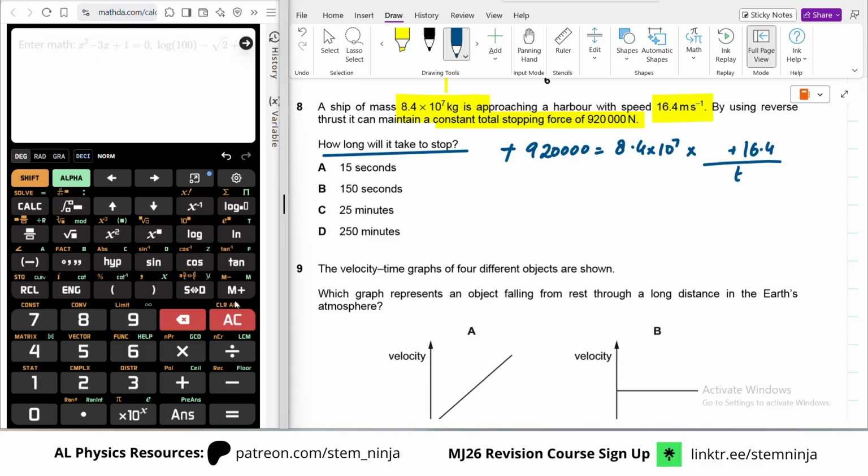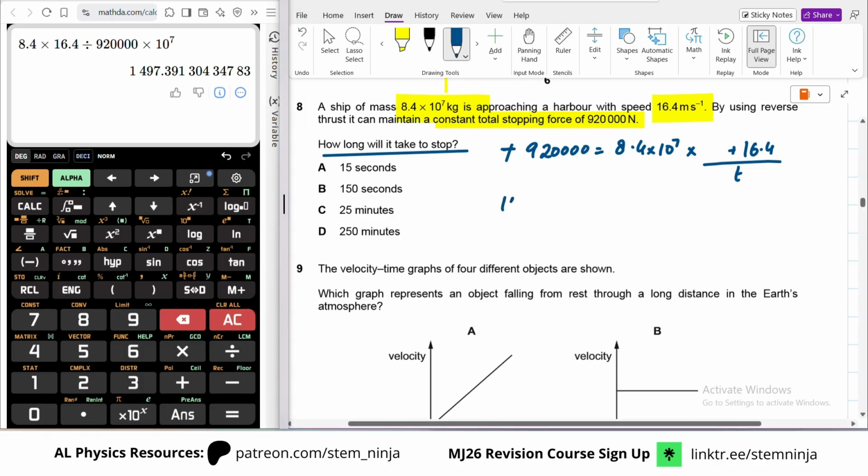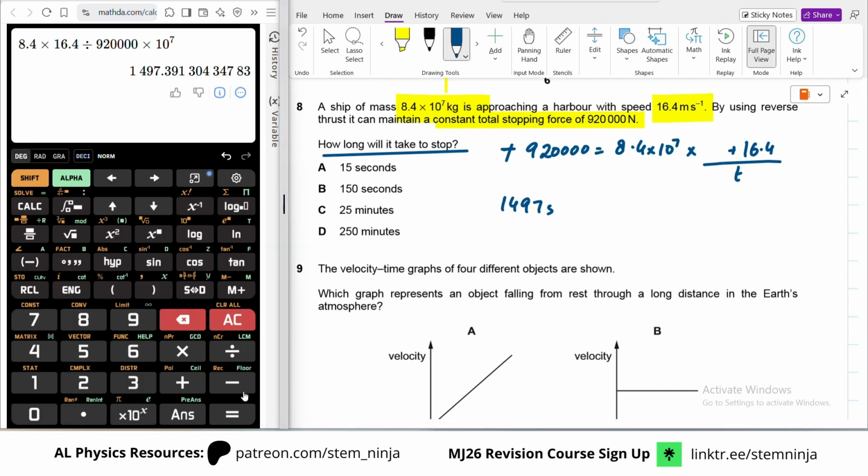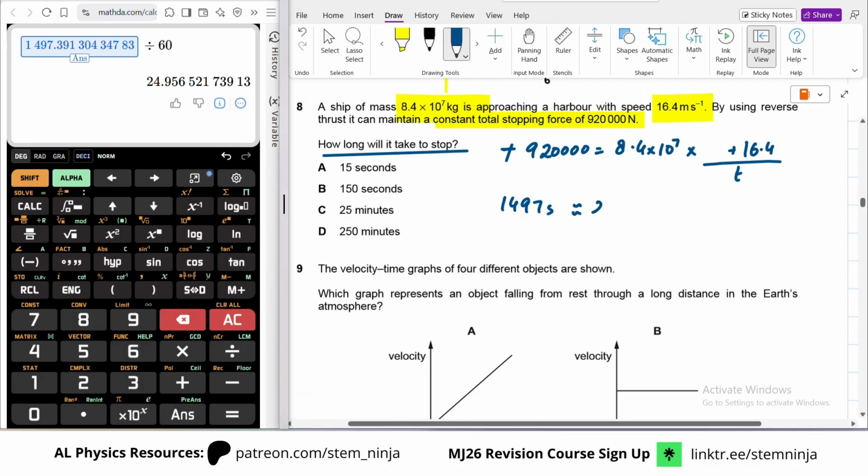So this will be 8.4 times 16.4 divided by 920,000 times 10 to the power 7. 1497. So this is in seconds. If we convert this into minutes, 24.9 minutes, which is approximately 25 minutes.